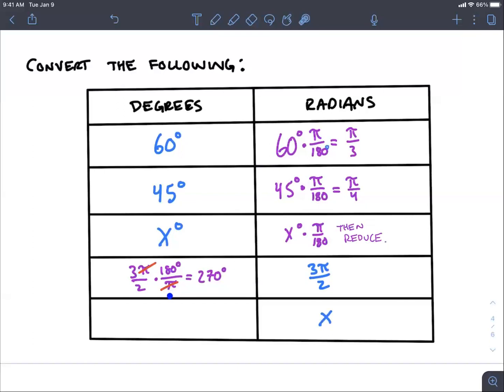I like canceling out your radians, even though radians is a unitless measure. It's kind of weird, right? It's number of radiuses, radii. And then we're left with degrees, which is nice. And then you still need to simplify. So if you go 3 times 180 divided by 2, you get 270 degrees. Okay? And the last one is just a formula. Basically what I already described to you, right?